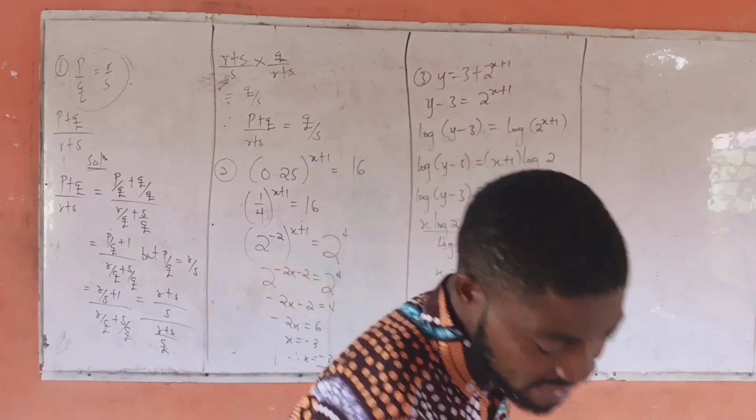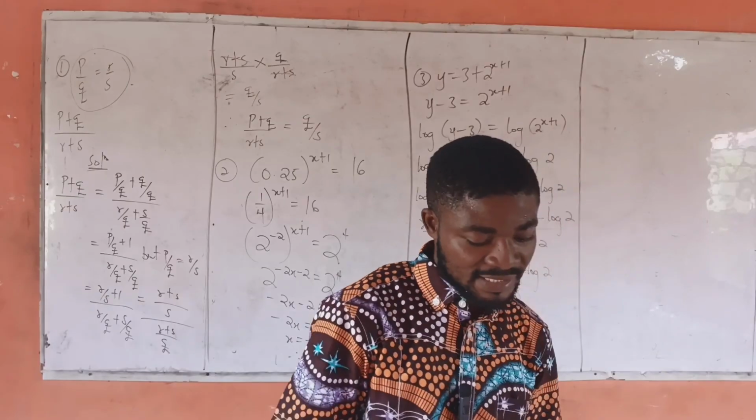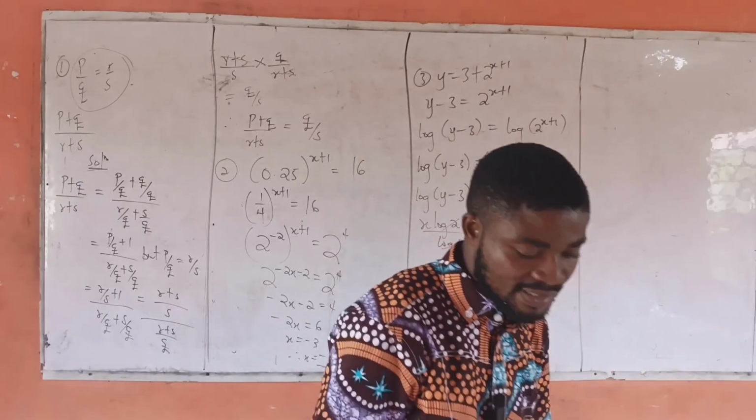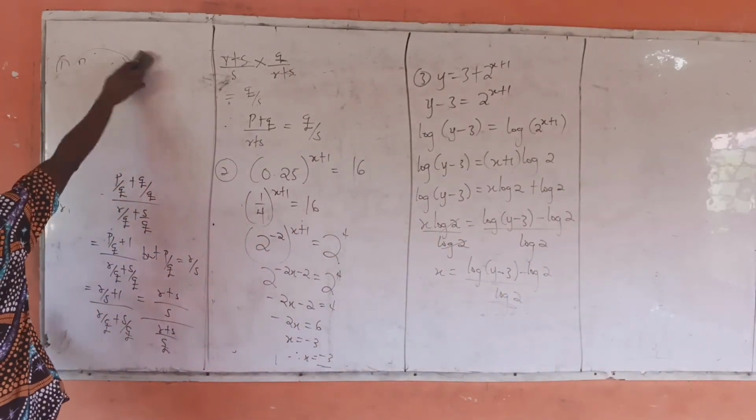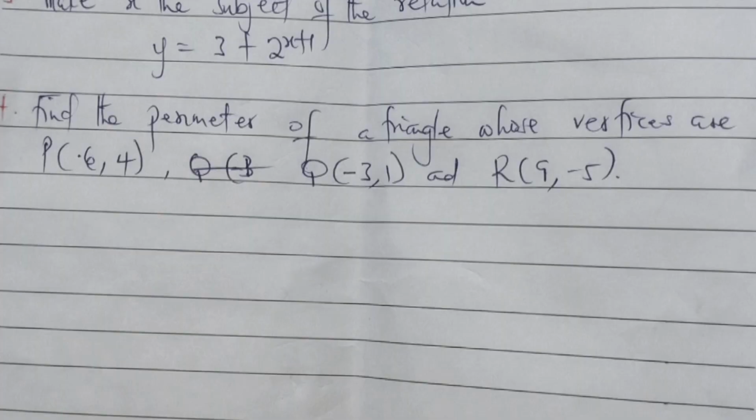The fourth question, which is still under elective mathematics, we are to find the perimeter of a triangle whose vertices are given as P (6, 4), Q (minus 3, 1) and then R as (9, minus 5).